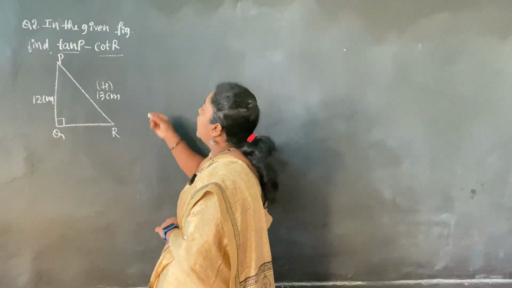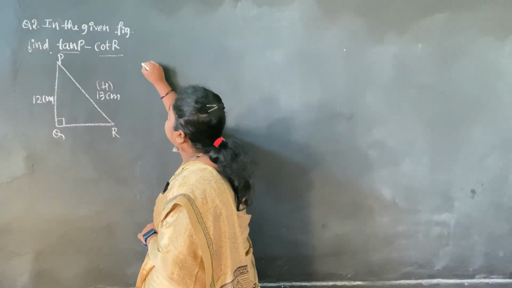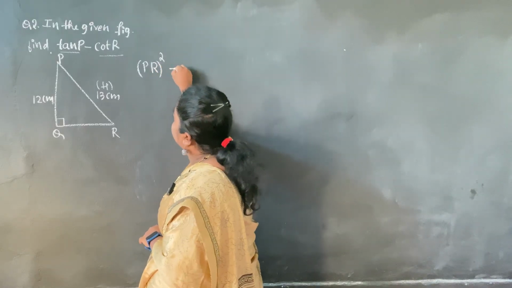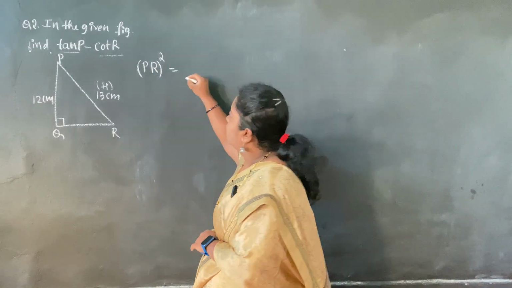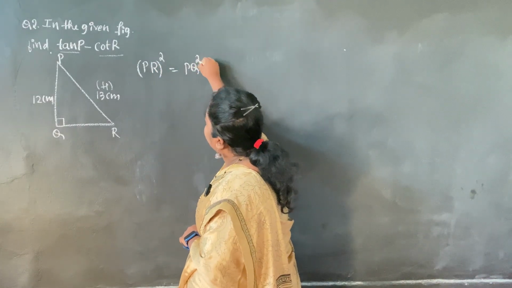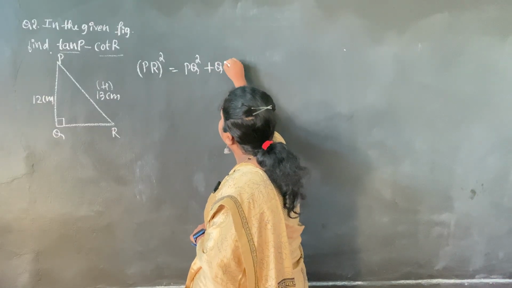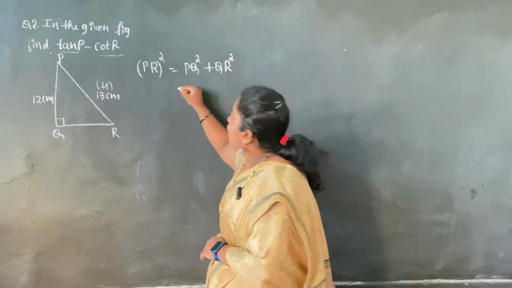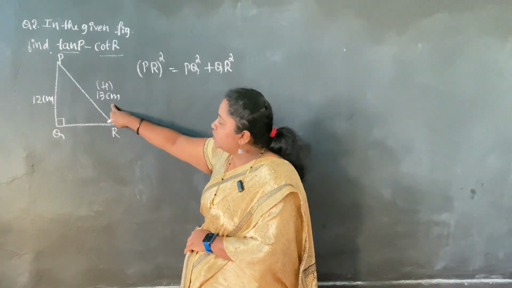Fine. Okay, now dears, first let me find this by using Pythagoras theorem. That is, PR square, that is hypotenuse square, is equal to PQ square plus QR square. Now PR is provided. How much is it? 13.